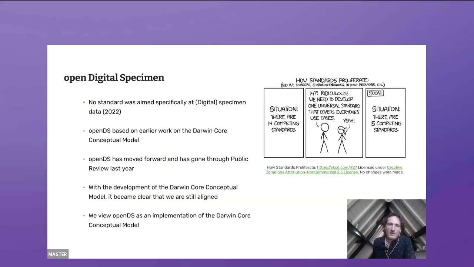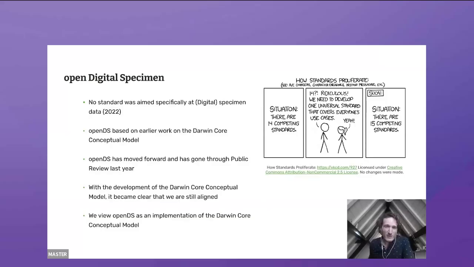And this was also around the time where John Riscoridge and Tim Robertson gave a presentation on their work for the GBIF unified model, which covered and aligned quite well with the challenges that we were having. So we decided that rather than figuring it out ourselves, which is also a long and painful process, creating a data standard, we would rather reuse the work that they had been doing with the community and see if we can align ourselves with that, with OpenDS being specifically aimed at specimen data.